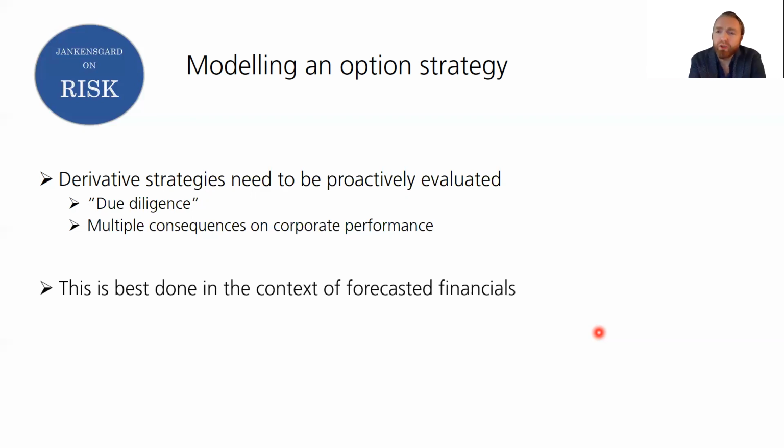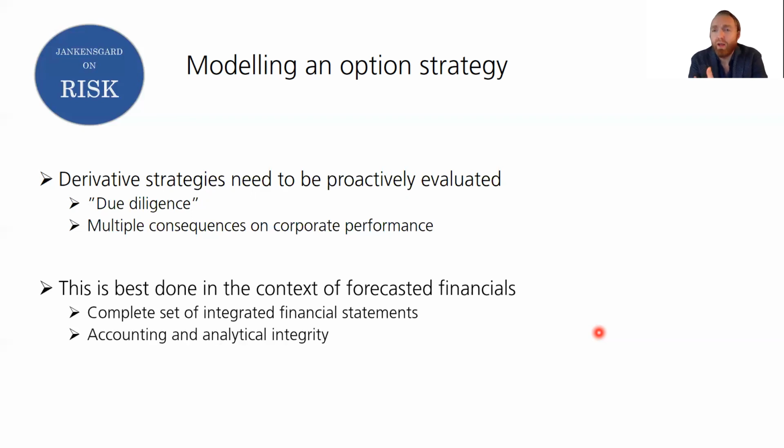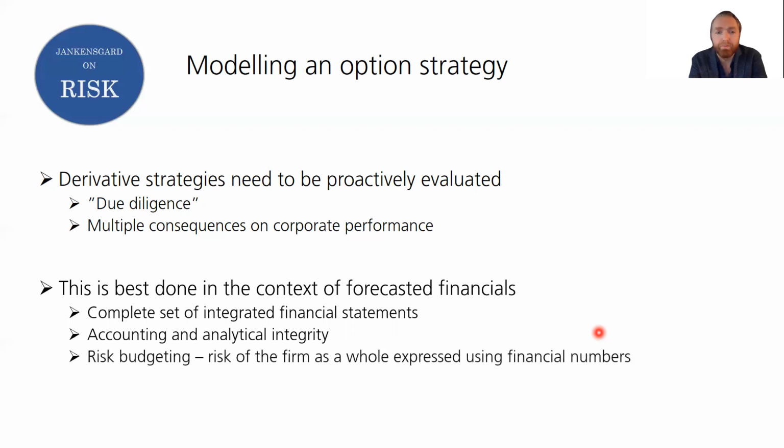If we want to understand how they can be used to support the value creation process, in the sense of financing the investment program or meeting various debt liabilities, that is best done within the context of forecasted financials. So we want to set up a model for that. With a complete set of integrated financial statements, you have all this accounting and analytical integrity to make it a reliable companion for decisions in risk and financial policies more generally.